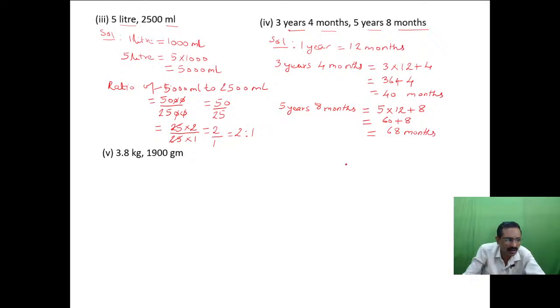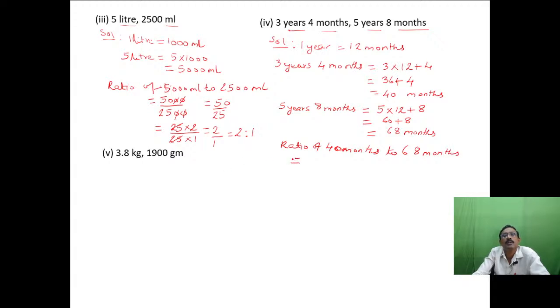Now let us find the ratio of 40 months to 68 months, which is equal to, when we are finding the ratio, as I told you, 40 upon 68.